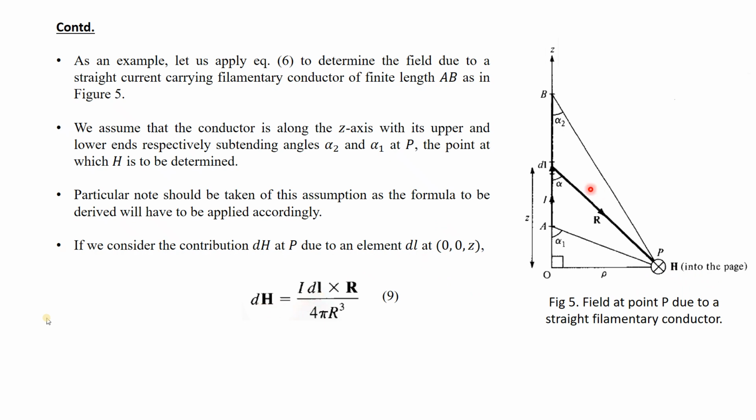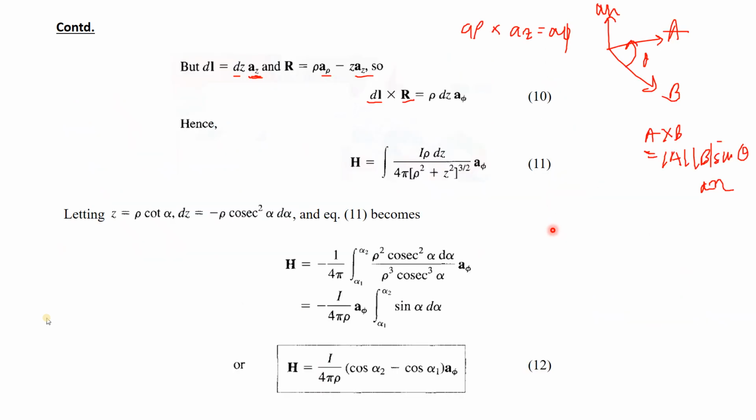Now to find the total h, because dh is for dl. Now total h will be, due to the total line length l, the integration. For h, it will be the integration of the small part dh, and integration of dh will give you h.